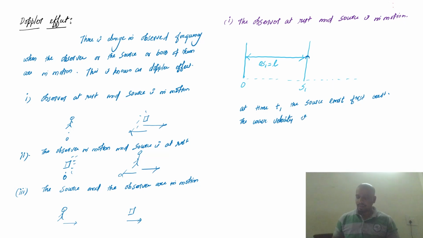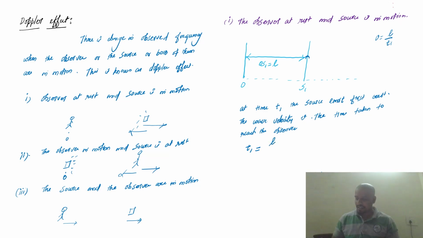The time taken to reach the observer for the first crest, t1, will be equal to, already we know the velocity definition: velocity is the distance traveled divided by the time taken, so time taken equals distance traveled divided by velocity.